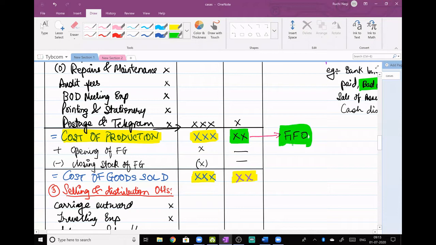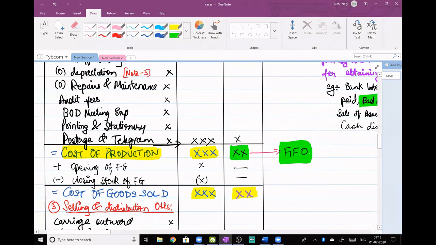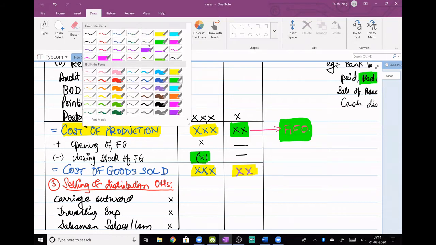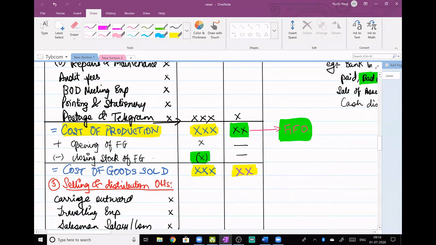So this is my note number 4. Calculation of closing stock of finished goods. Can you see this? This is what we have to find. Here you can write note number 4.